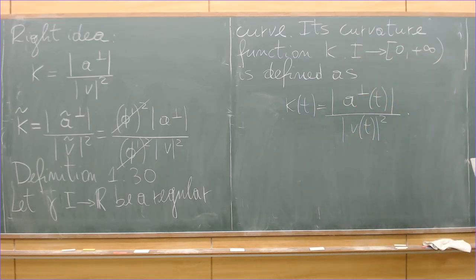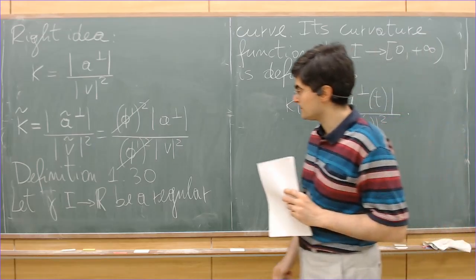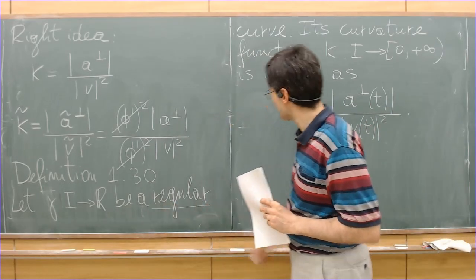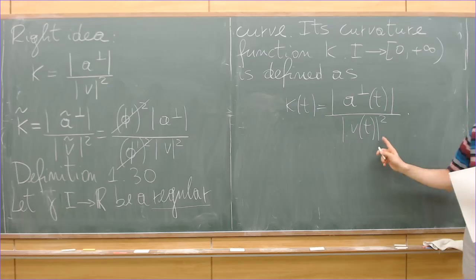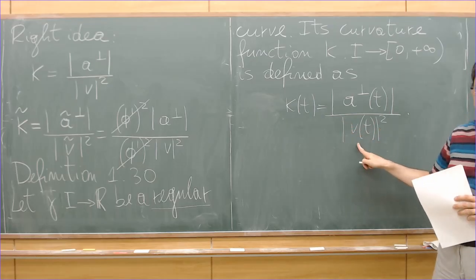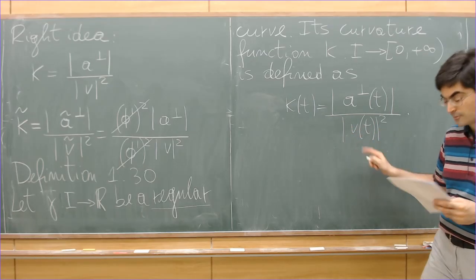The reason why we impose gamma to be a regular curve is that we need to be sure that the denominator is always non-zero.